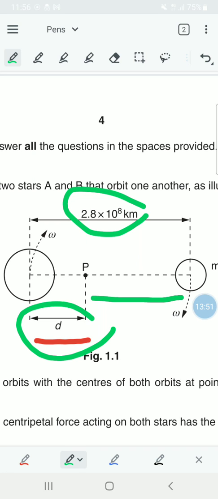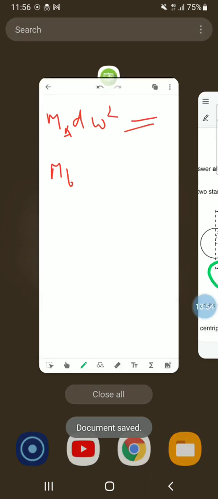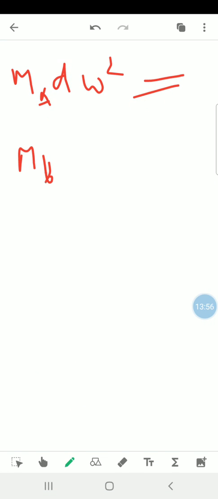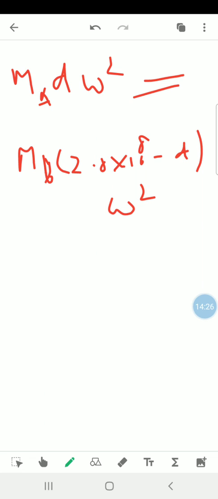So then we take those values. Then MB, for distance you put the radius of the circle, 2.8 into 10 to the power 8 minus D, into, once again, omega squared.